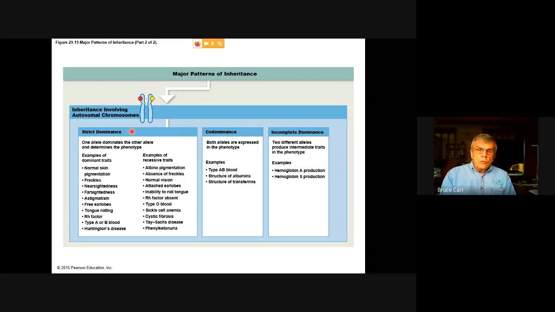Those crosses were always performed with pure breeding lines. So he would get a pure breeding line of peas that had purple flowers, meaning if he left them alone over here, they always produce purple flowers. On the other side of his garden, he had a group of plants that always produced white, no matter what he did.